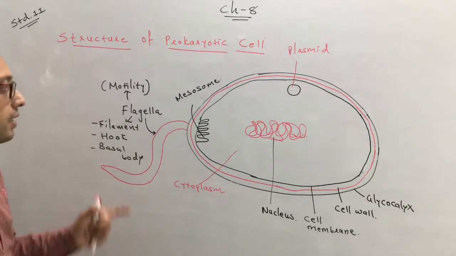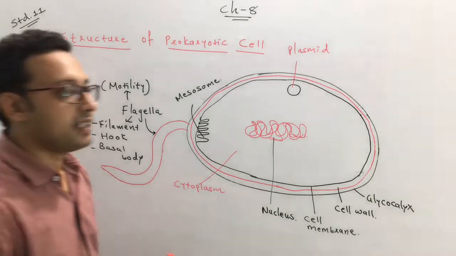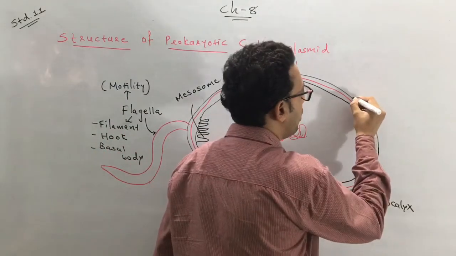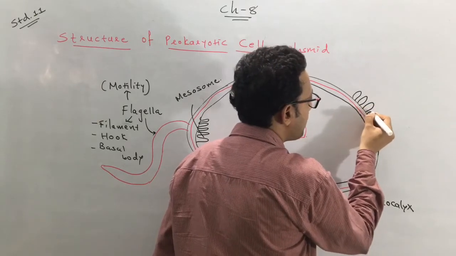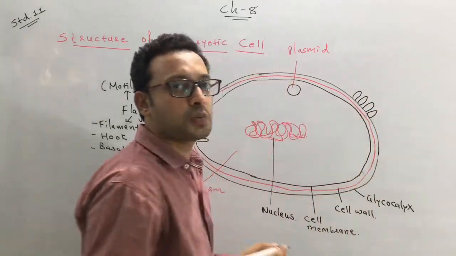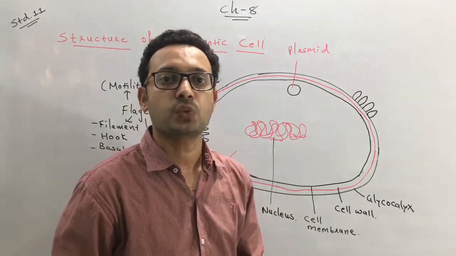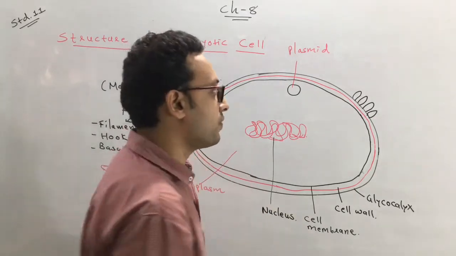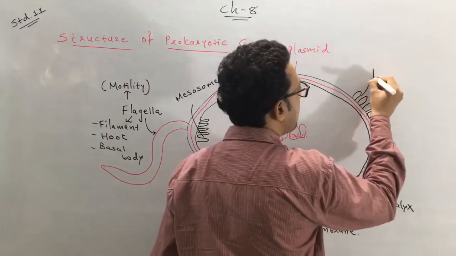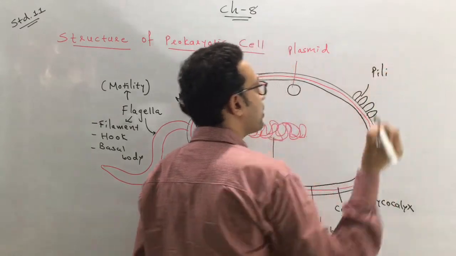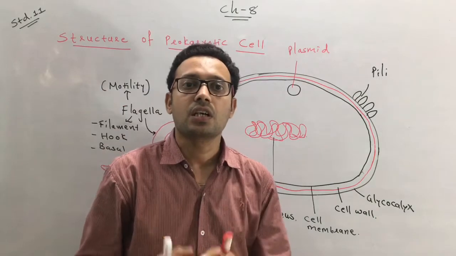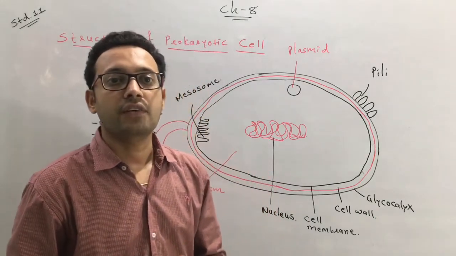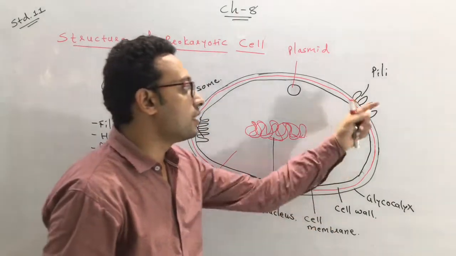Now apart from flagella, the bacteria also possess small tubular processes that arise from the surface of it. This is called pili. A small tubular process arising from the surface of bacteria is called a pili.